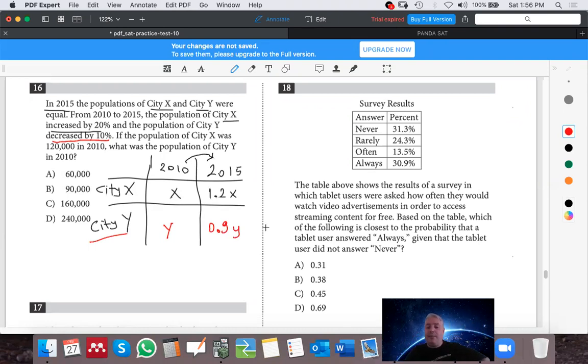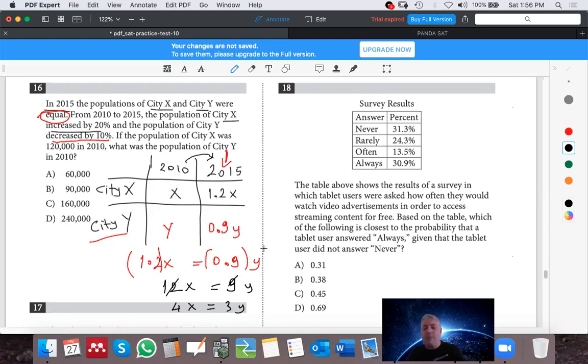So how can I express 90%? 0.9. At the beginning, it was saying that they are equal. When? In this year, 2015. So 1.2x is equal to 0.9y. After that, without reading the question, I should say directly, multiply by 10 both sides, 12x, 9y. And divide by 3, 4x, 3y.